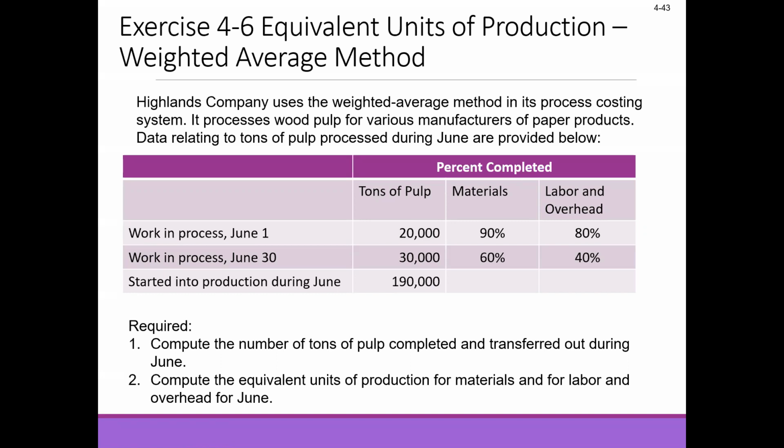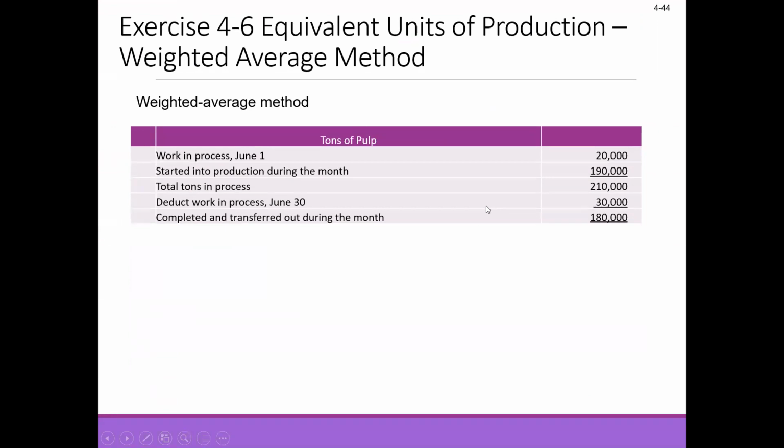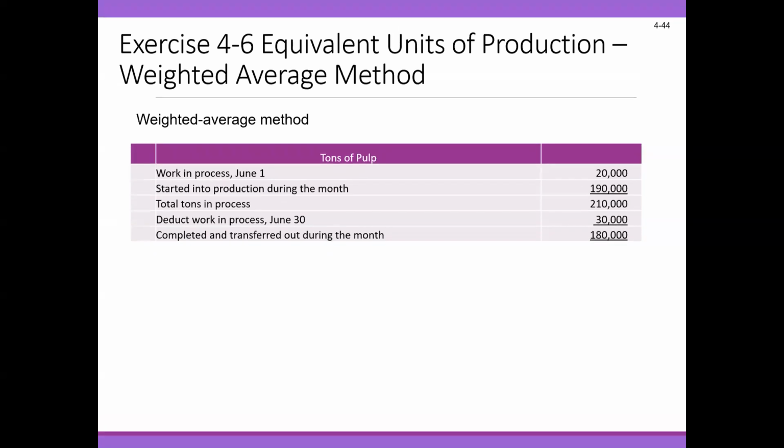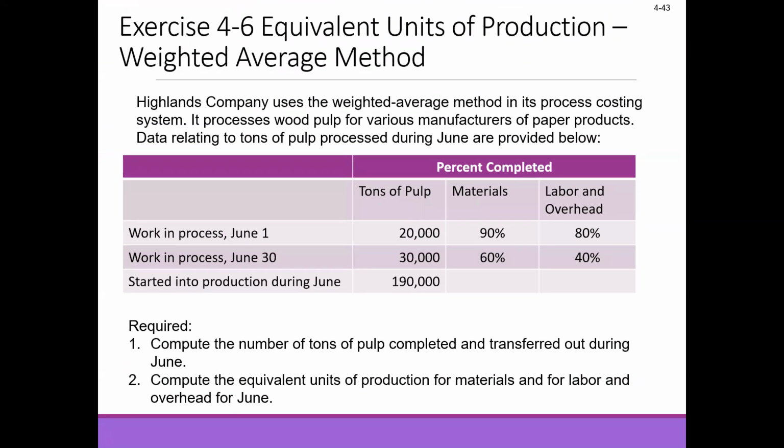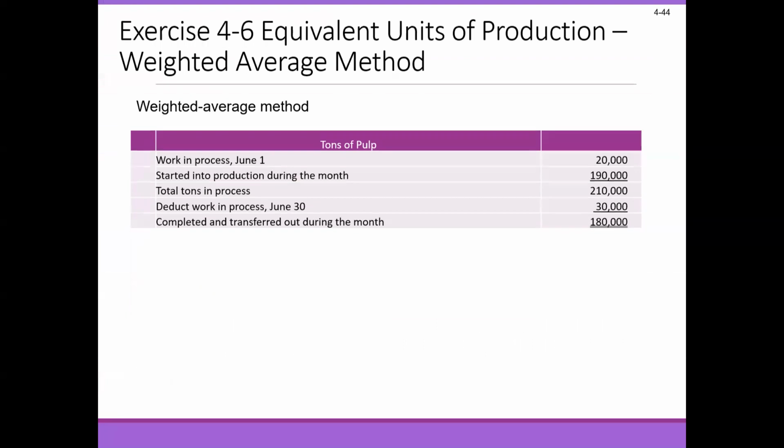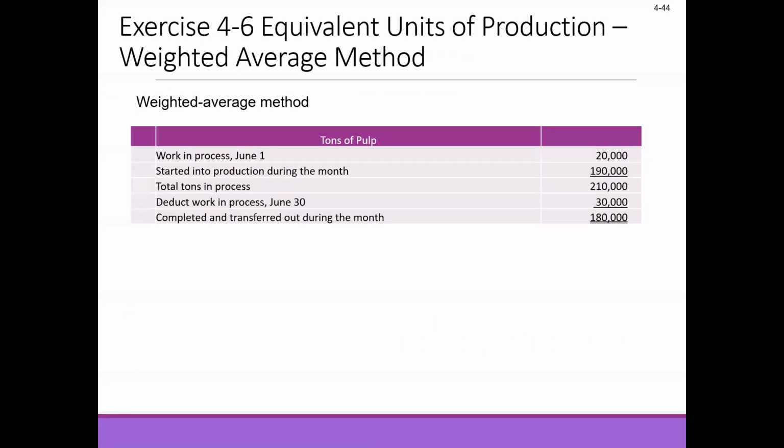So what we're going to look at here is work in process. As of June 1st, we had 20,000 tons, right? Let me just make sure. 20,000 tons. We started into production 190,000 tons.